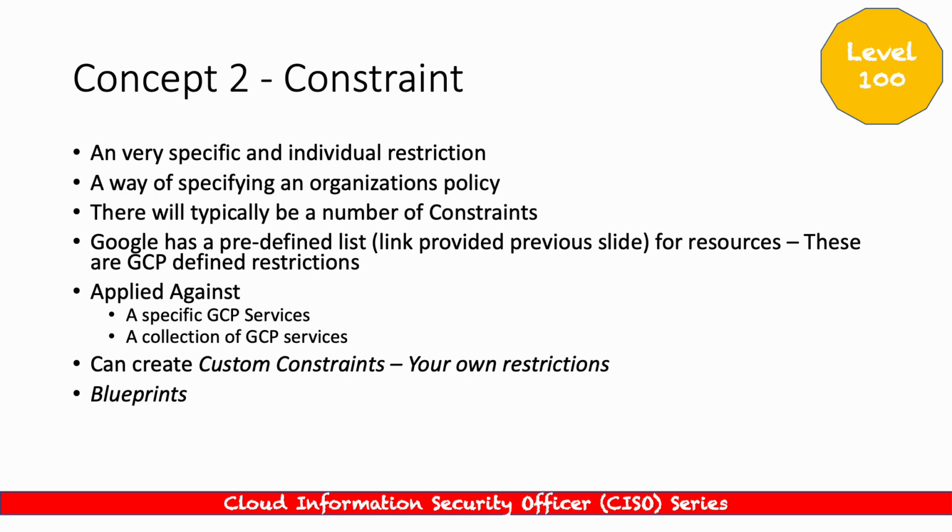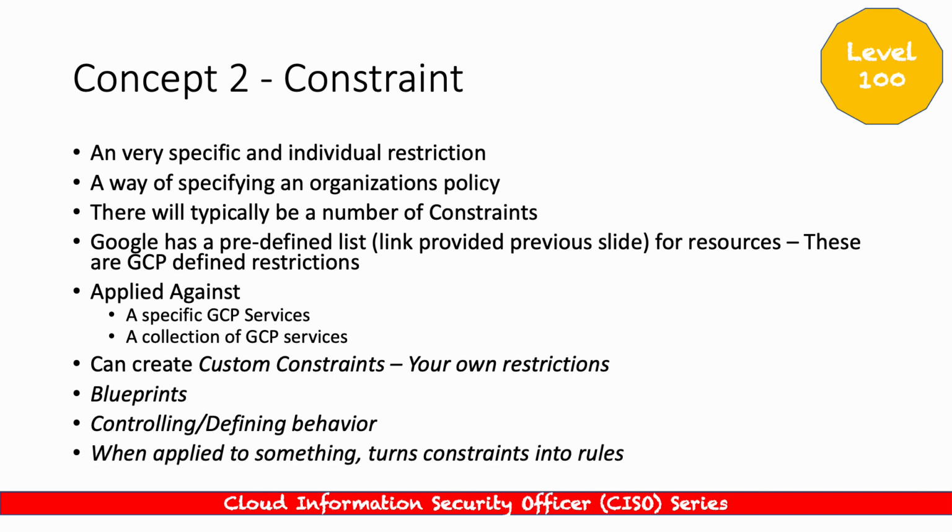The same concepts apply: are you applying those to a single specific GCP resource or a collection of GCP resources? Think of constraints as the blueprints for what you want to do, controlling and defining that behavior. And at its most foundational level, a constraint is no more than a collection of rules.